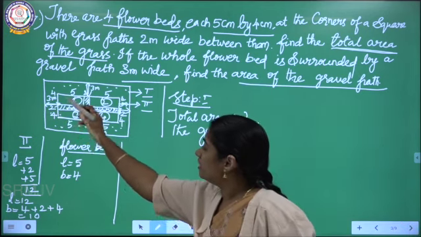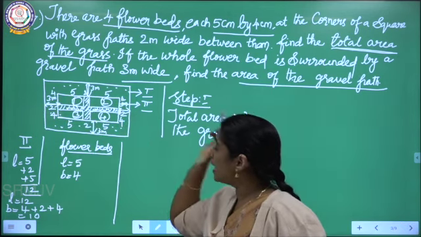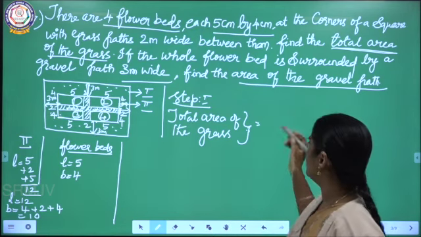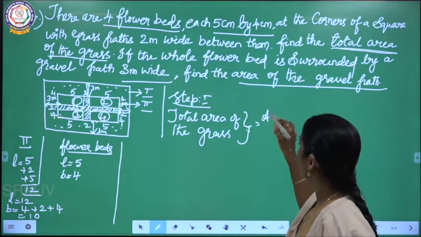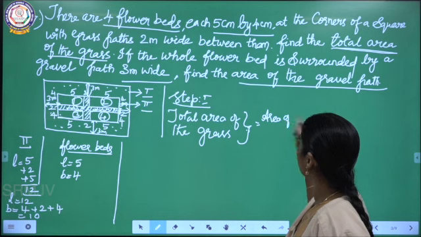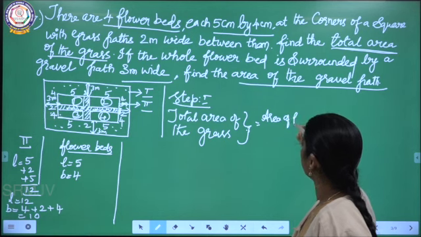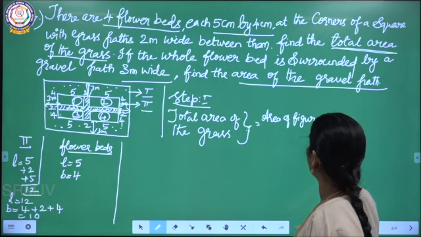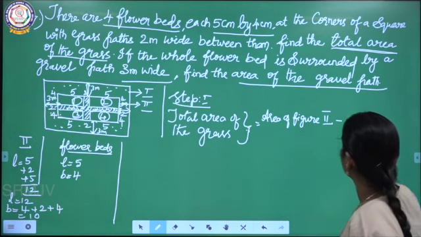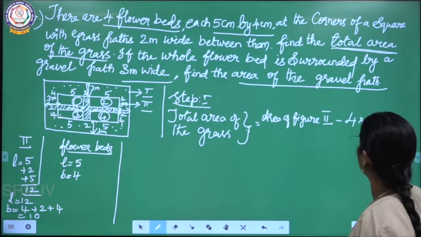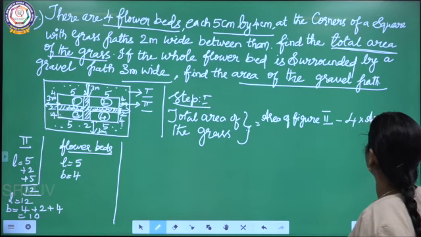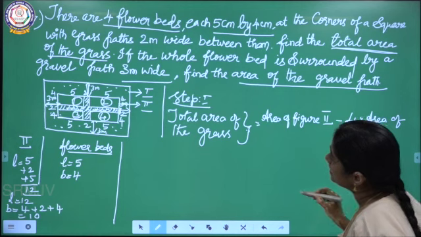Area of figure 2 minus 4 into area of flower beds.